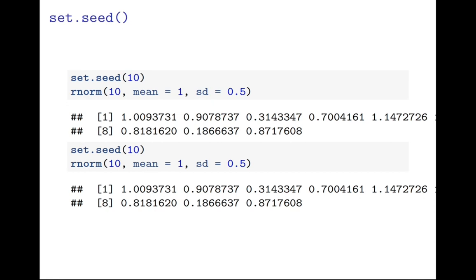But if you want to get the exact same result each time, which you might want to when you're doing simulations, you have to set the seed. You do that by putting any number in the set.seed function. So you can see here, if we specify set.seed at 10 for these random normal draws, then you get the exact same values. And you need to set the seed every time before you enter that rnorm function.